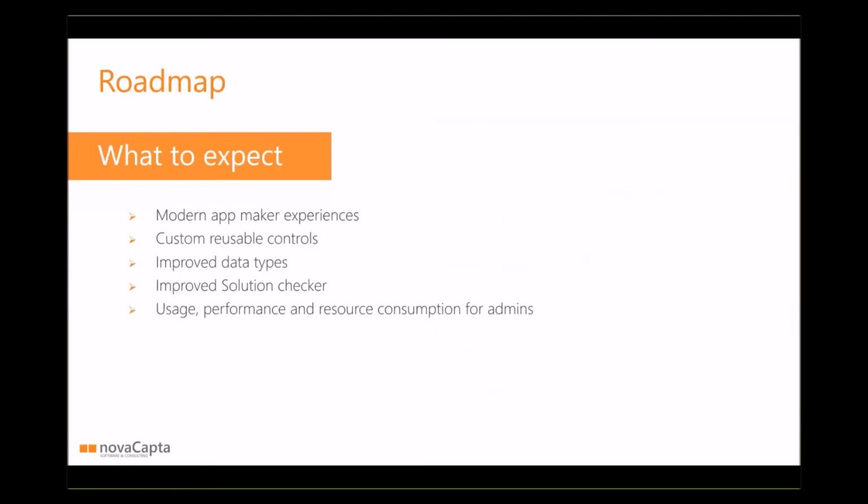Also the custom reusable controls, where I said in the beginning, one of the disadvantages are the technical limitations, but I think in the future that will be erased by the custom reusable controls. Also improved data types, improved solution checker, which means that you can check your current app for warnings and errors, like you maybe know it from Visual Studio. And also performance analysis.